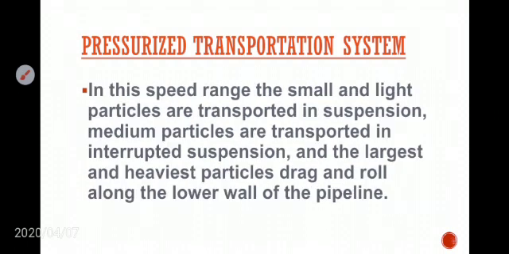And in this speed range, the small and light particles, that means the mineral particles which are to be transported through pipelines, if those minerals are light particles, that means they have very low density, for example, compared to other ores, coal is of very low density compared to iron ore or other metal ores.